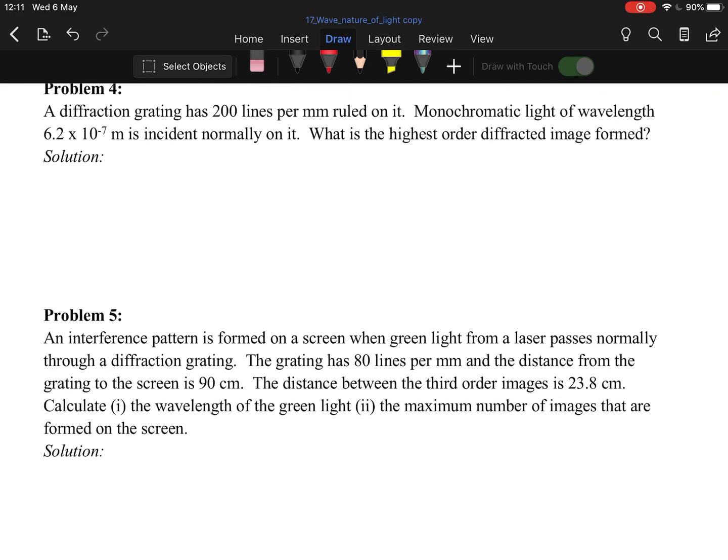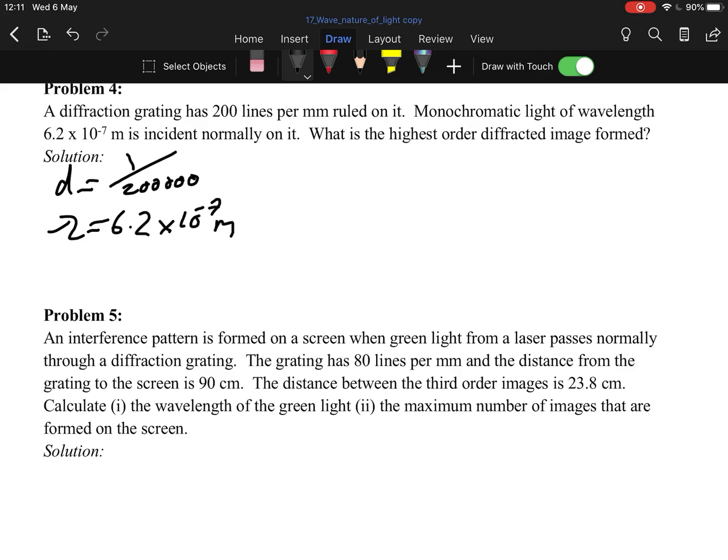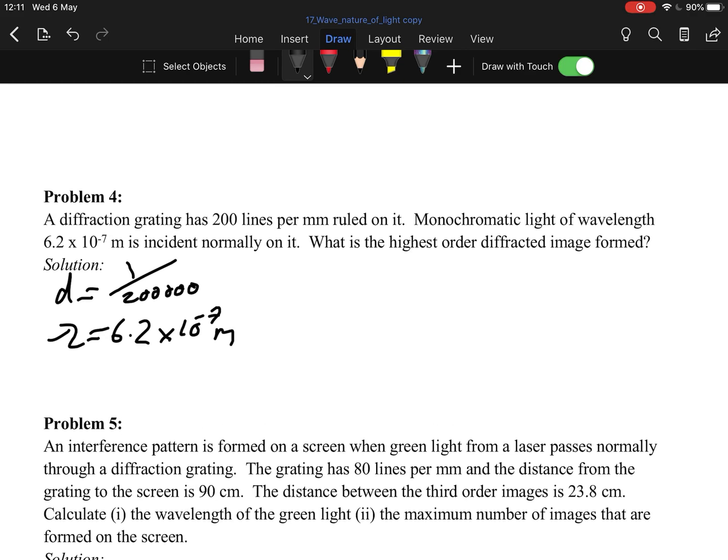So, a diffraction grating has 200 lines per millimeter ruled on it. Monochromatic light source, so write out our values. So what is d? d is 1 over 200,000. Monochromatic light source of wavelength is incident normally. What is the highest order image found? Okay, so looking for n max.